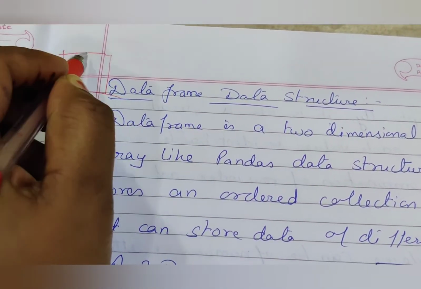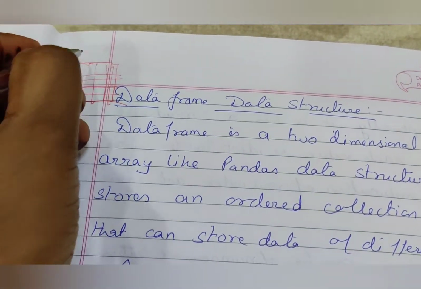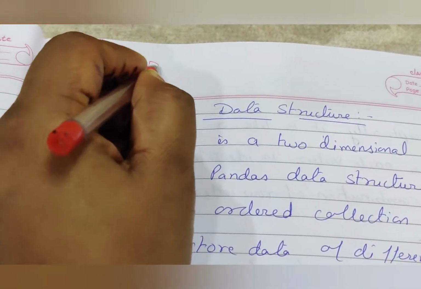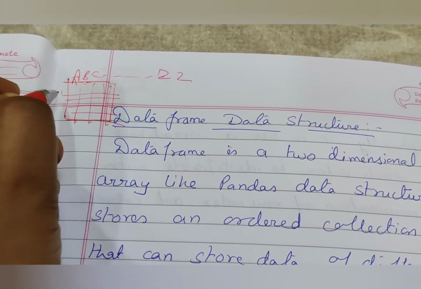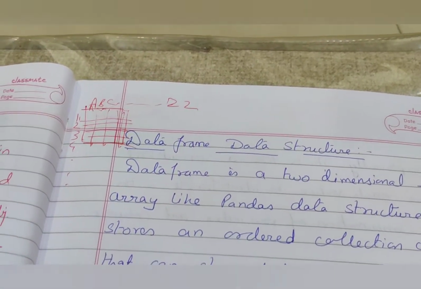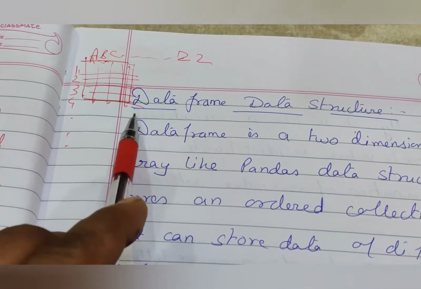It has a number of columns and a number of rows. Columns start from A, B, C and go on to ZZ, and rows start from 1, 2, 3, 4 and go up to 10,000 something. This is your Excel sheet.